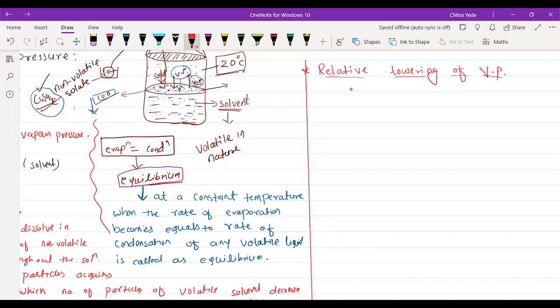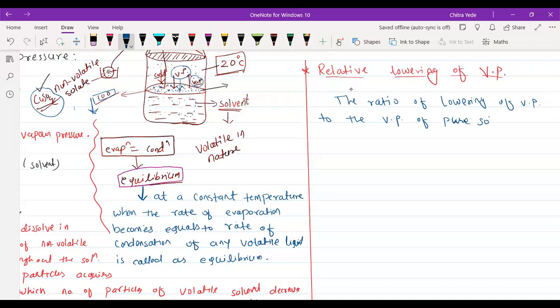So it is nothing but the ratio of the lowering of vapor pressure to the vapor pressure of the pure solvent.